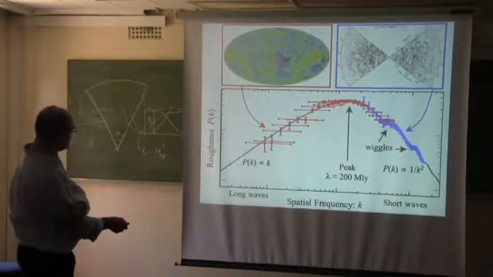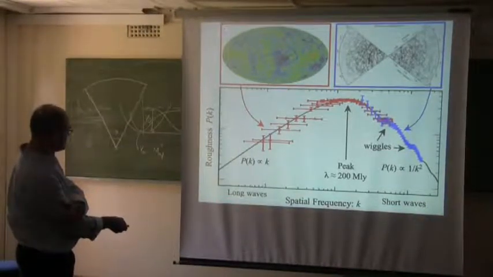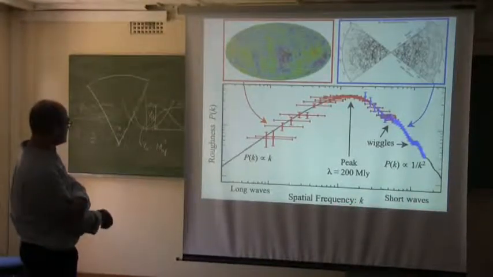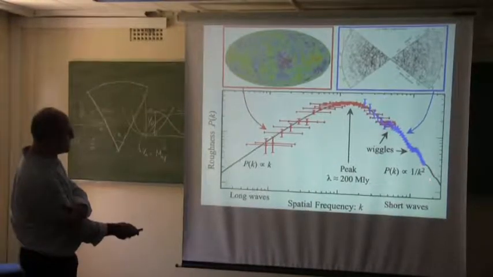So how do they go? The CMB probes very large scales, very long waves, very small wave number or spatial frequency. The large scale structure probes the smaller scales.